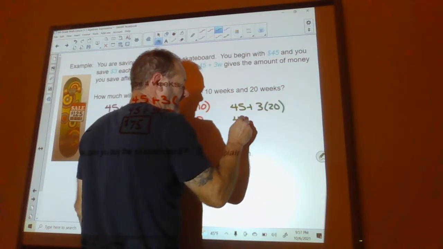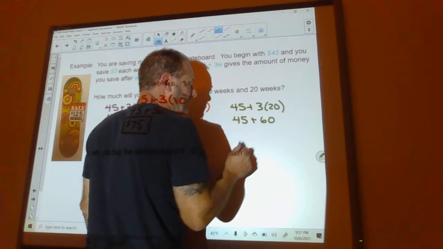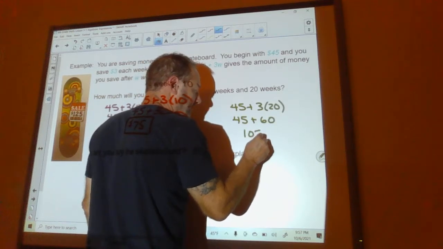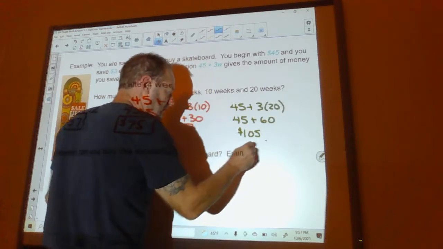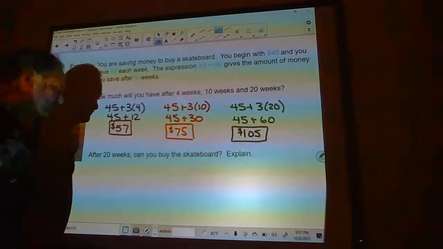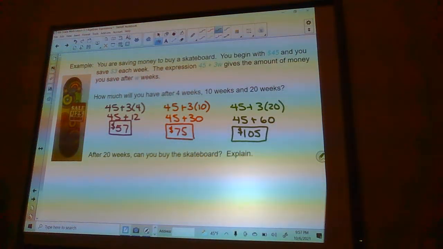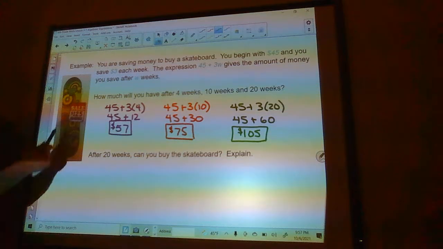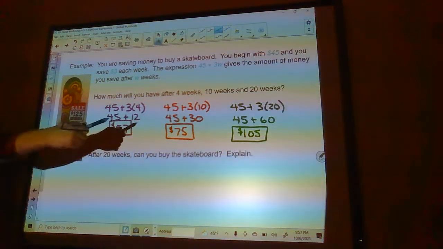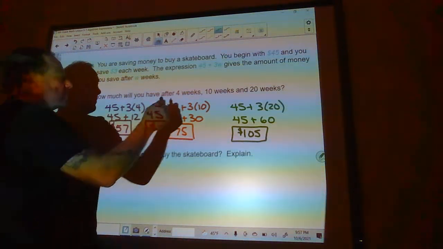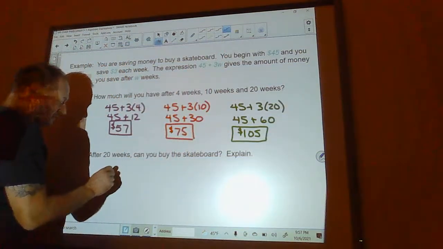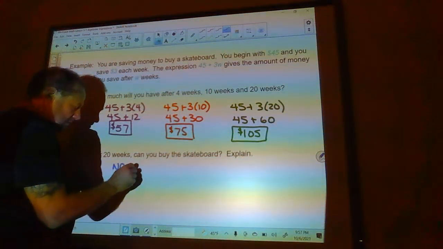So you'd have 45 plus 60, which would be $105. Okay, after 20 weeks, do you have enough to buy the skateboard? Well, the skateboard's $125. You have $105, so no, you don't have enough money.